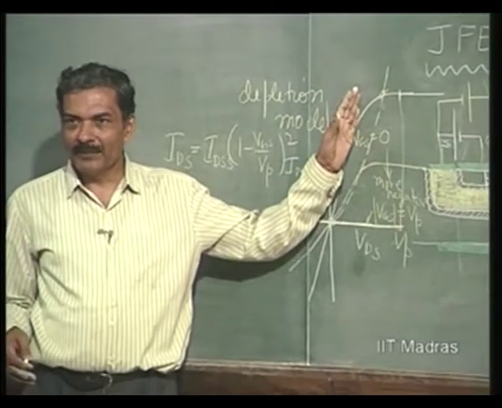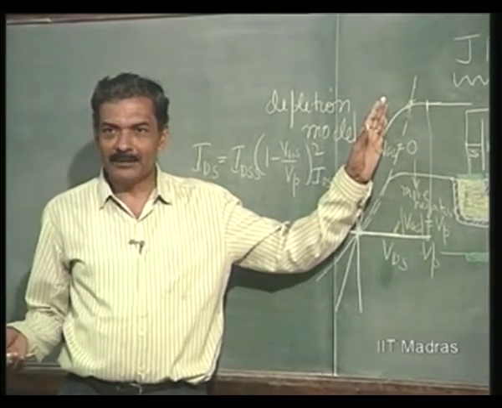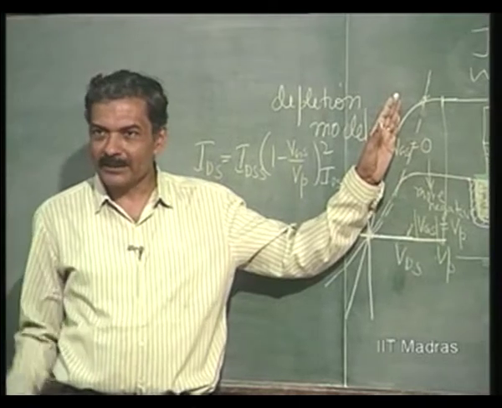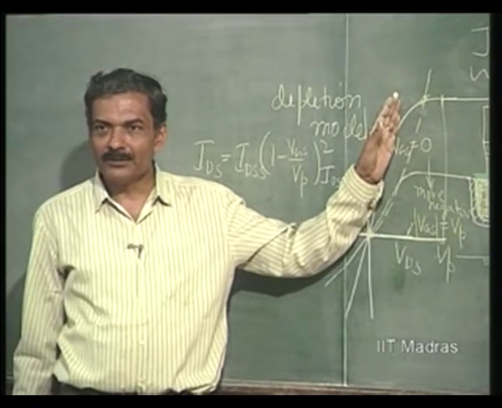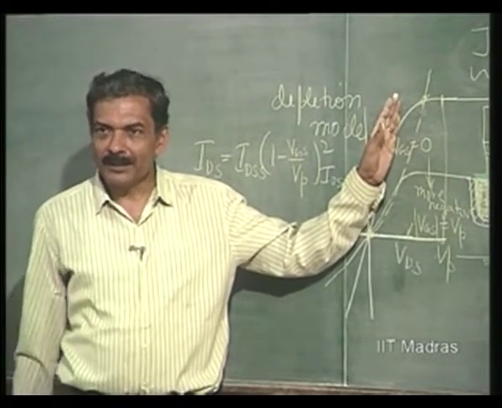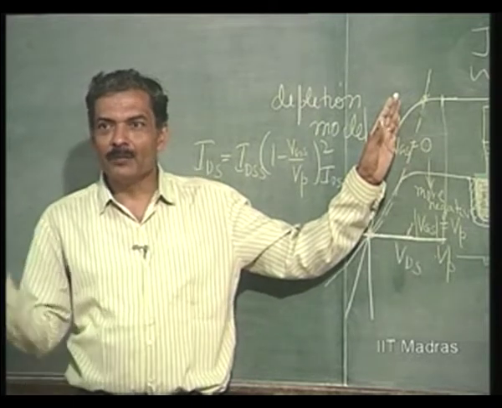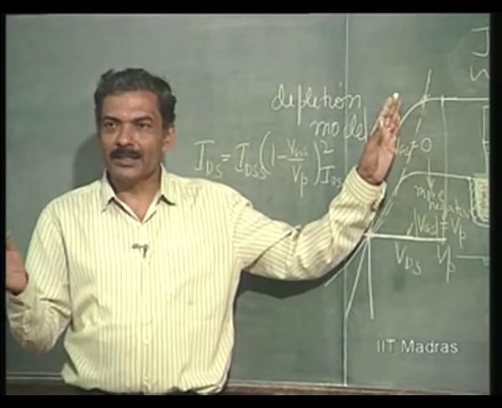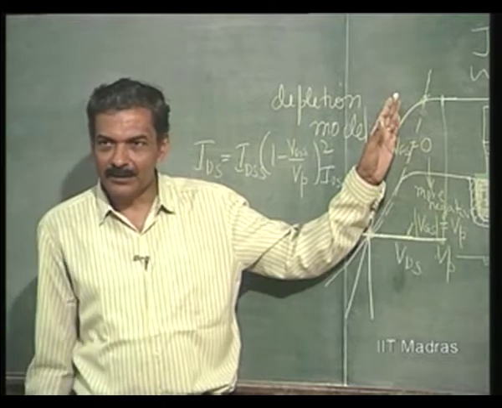Whereas in the case of enhancement type MOSFET, there is no such characteristic called VGS equal to 0, because the current is not yet flowing. Only when voltage exceeds the threshold voltage, current starts flowing.